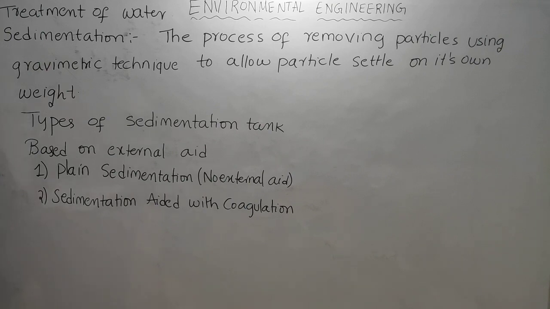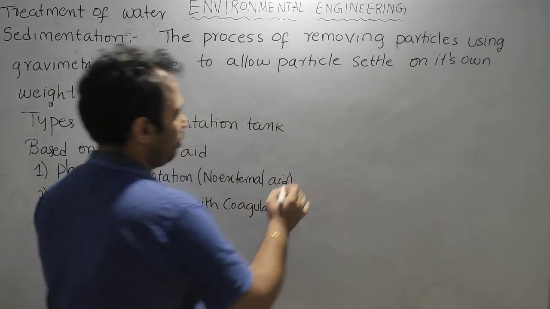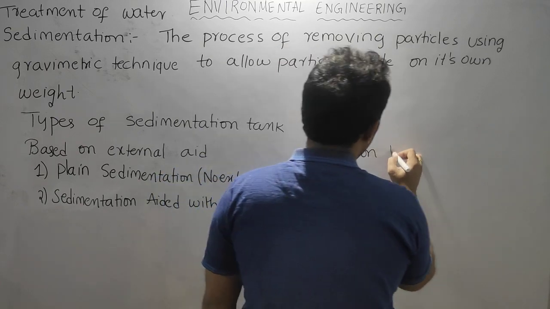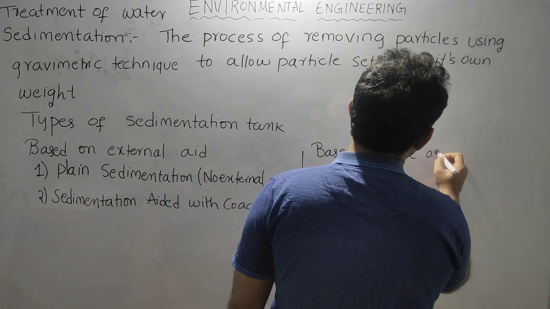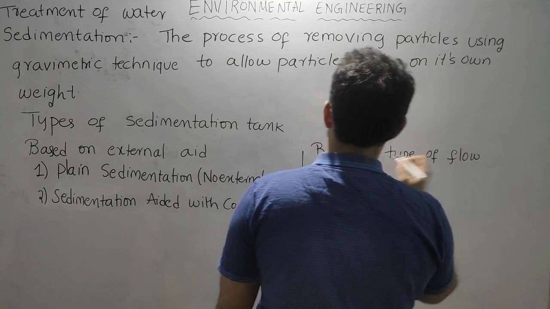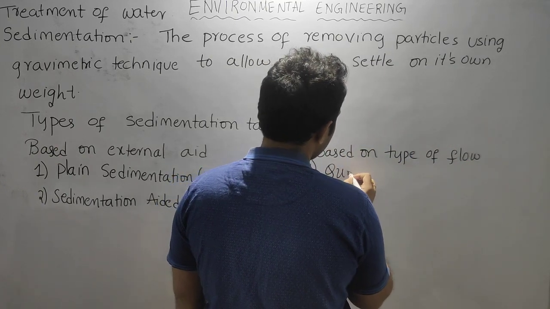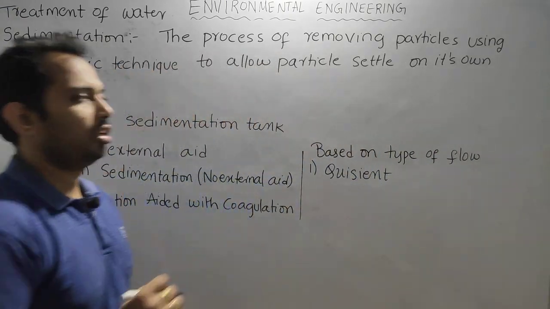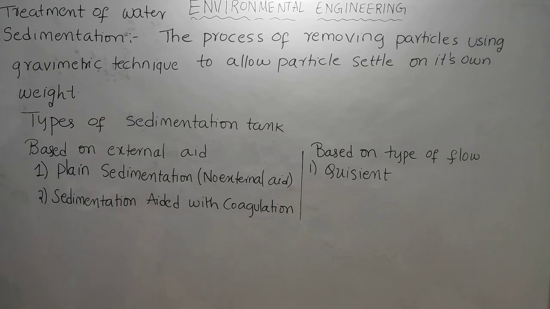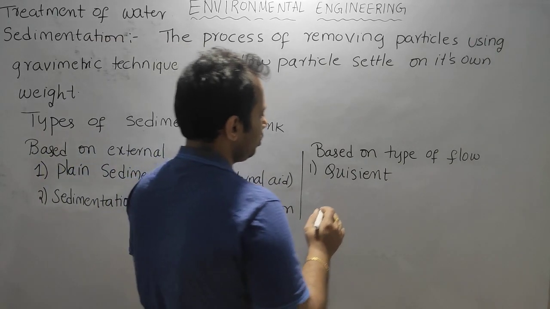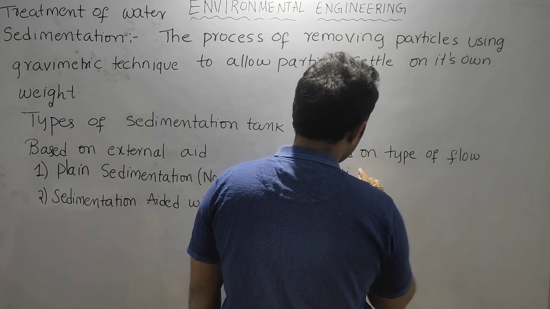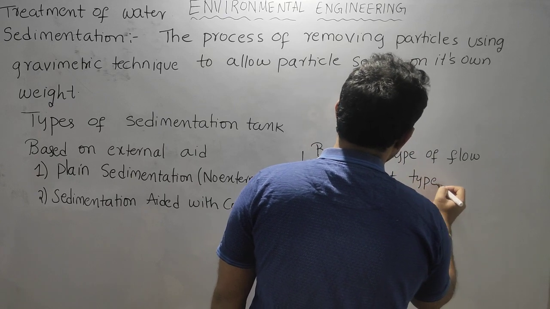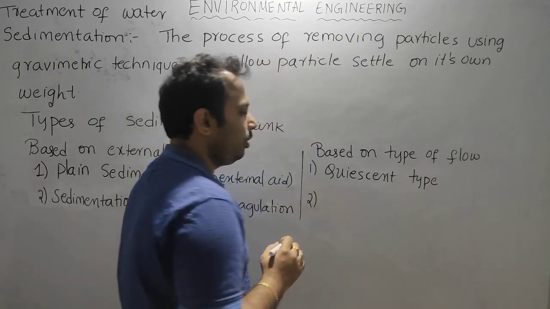Next is based on type of flow. The first is quiescent type, and the second one is continuous type.